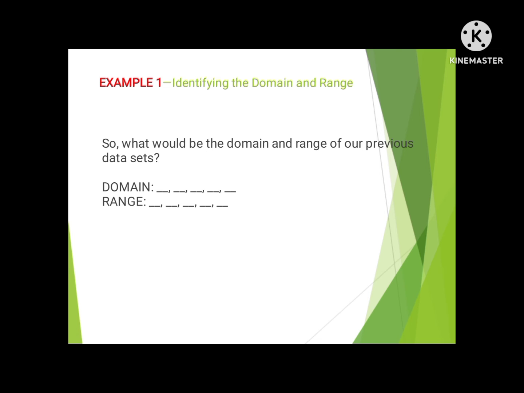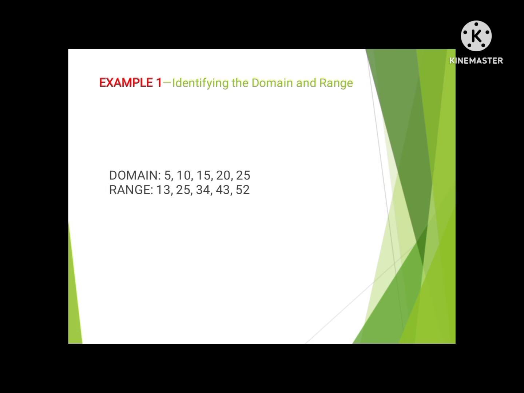Can someone guess? The answer is the domain are 5, 10, 15, 20, and 25. The range are 13, 25, 34, 43, and 52.